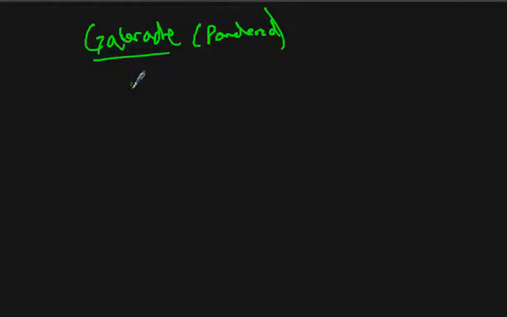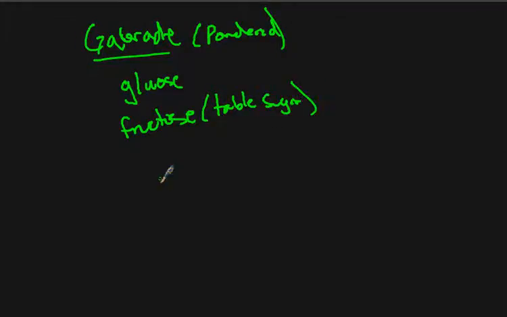It has in it all kinds of stuff. It has sugars, it has glucose, fructose. Fructose is generally your table sugar, and it equals two glucoses minus one H2O, minus the water.